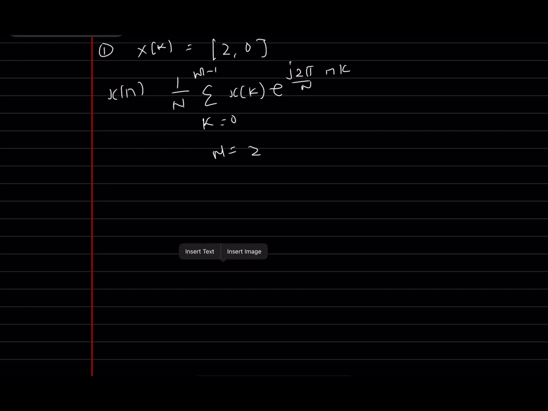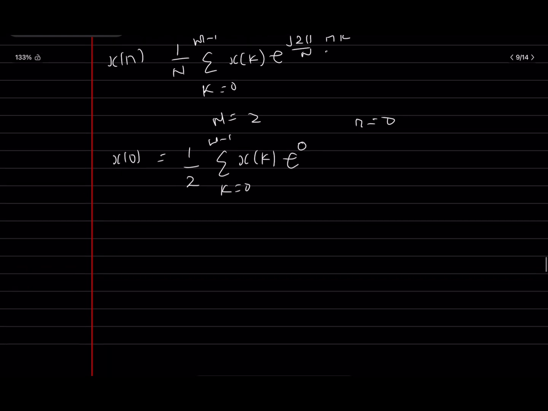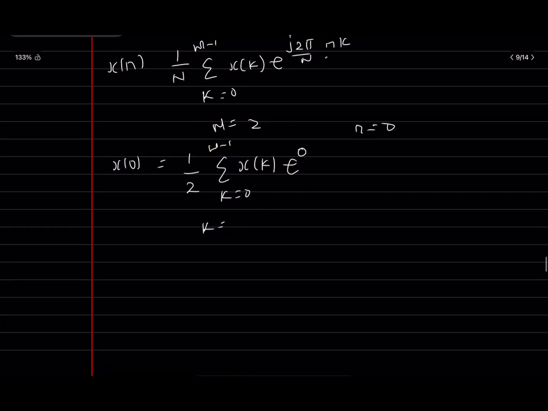For n equal to 0, we will have x of 0 equal to 1 over 2 summation of k equal to 0 to N minus 1, X of k, and then the exponent, because n is equal to 0, is 0 here. Even if k equal to 1, when we put k in, since n is 0, we are still going to get 0.